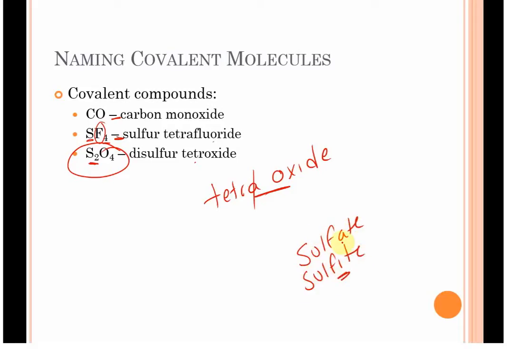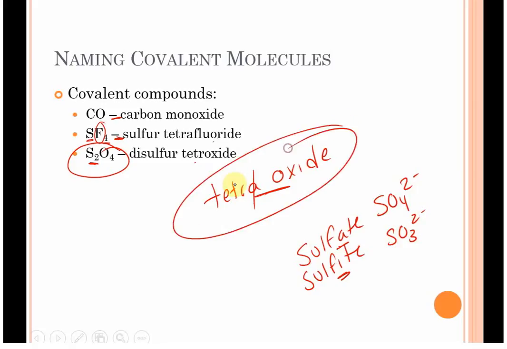That spelling error changes the meaning from SO4 2- to SO3 2-. But for things like this that do not change the interpretation of the compound, I'm not going to worry about that. You just need to make sure you are aware that if it's off by a little bit, that's probably why.